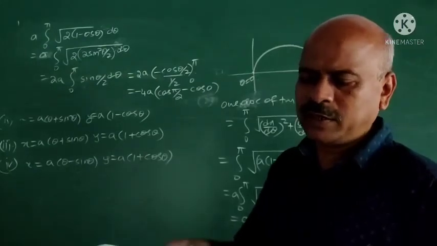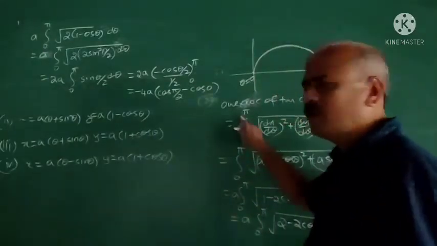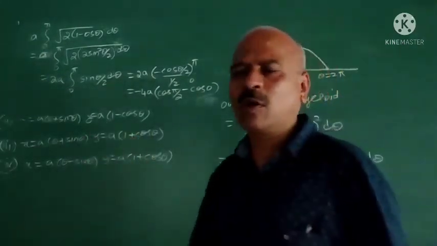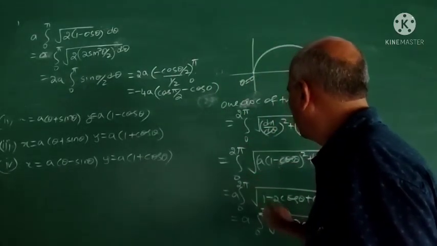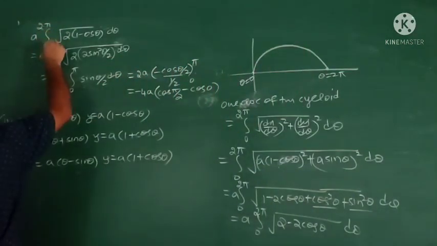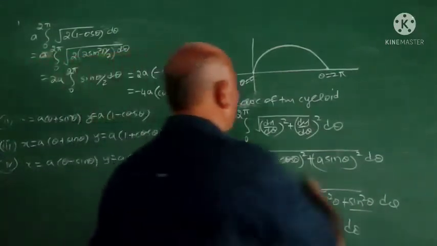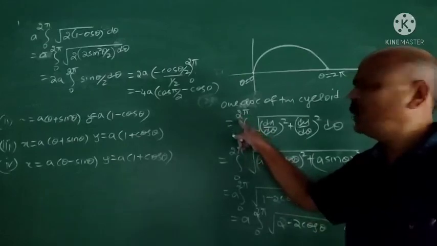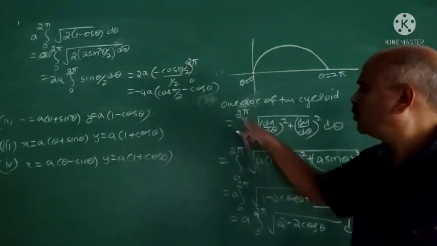Is it 0 to pi or 2 pi? I have taken 0 to pi here. Sorry, I was a little hurried to complete this problem, but the limit is 0 to 2 pi here, not pi. Please make this correct. For one loop I have written correctly 0 to 2 pi, but while taking the limit I took 0 to pi only.